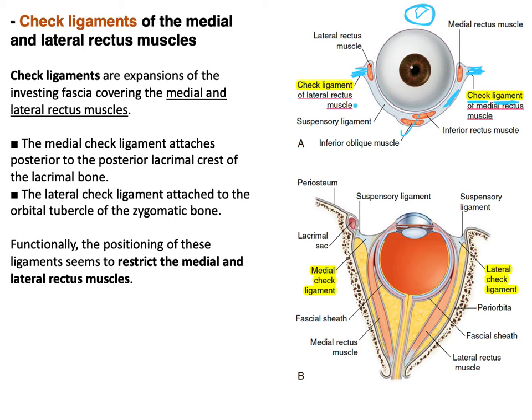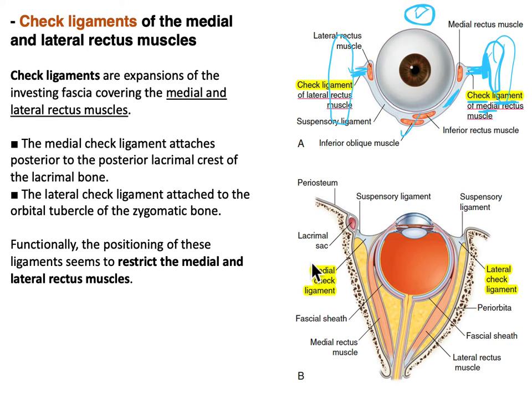We call it check ligaments, right? The medial one is attached posterior to the lacrimal crest of the lacrimal bone. You know the lacrimal bone and the crest, so posterior to it, it's attached, right? That means the lacrimal sac is anterior. And the lateral one is attached, of course, to the zygomatic bone.